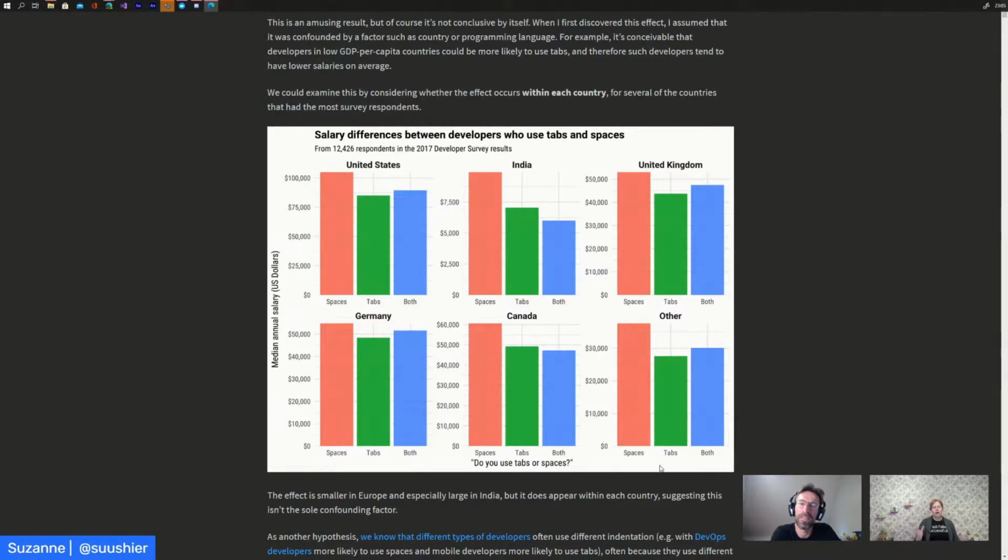And if you are in consultancy, then of course you make more money if you take the time to press that space 8 freaking times.